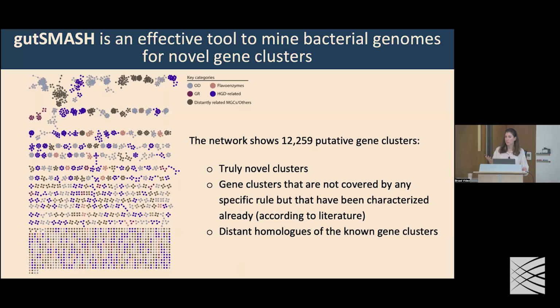But it's good to see that still with our general rules, we are able to predict these interesting gene clusters. And then, of course, there are the distant homologs of the known gene clusters. That was Marie's question. If there are gene clusters that look very different to our reference, they were not annotated as known, but they were annotated as putative.